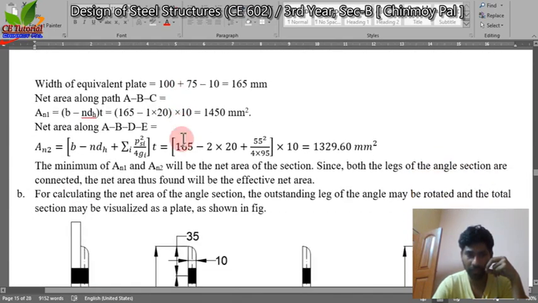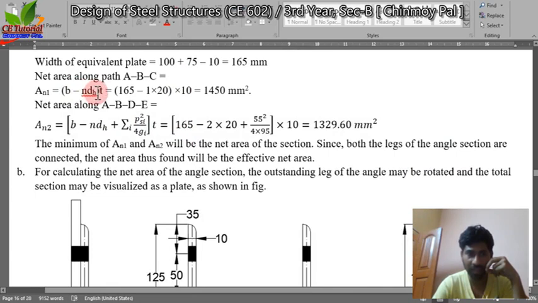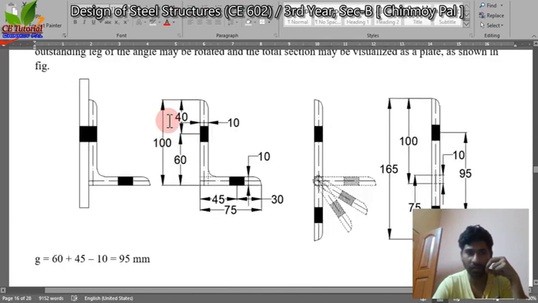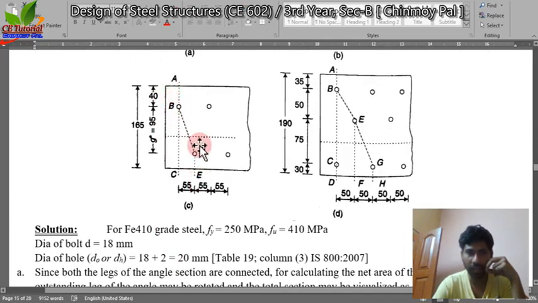That's why you have to consider only B minus nDh. B is 165, the number of bolts is 1 and Dh is 20. So 1450 millimeter square.